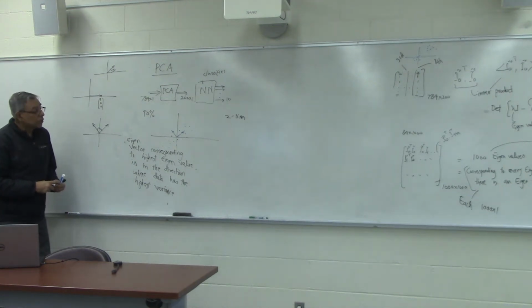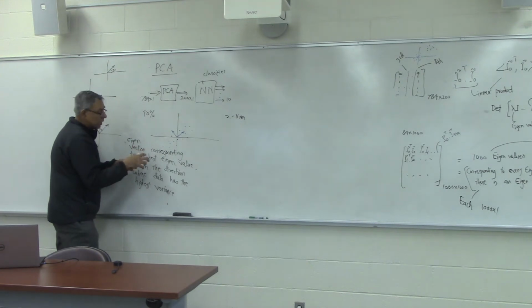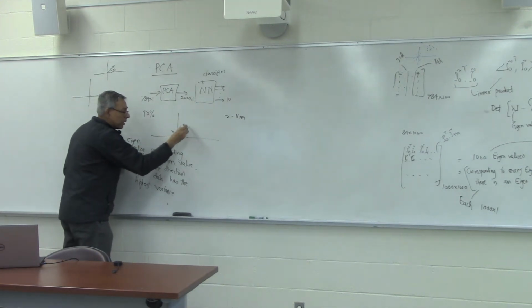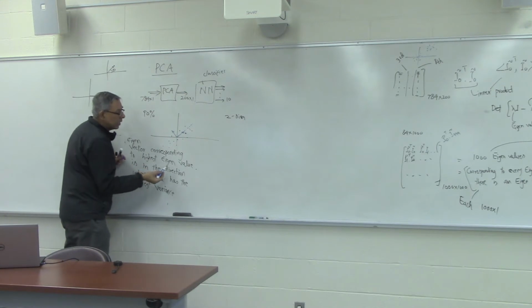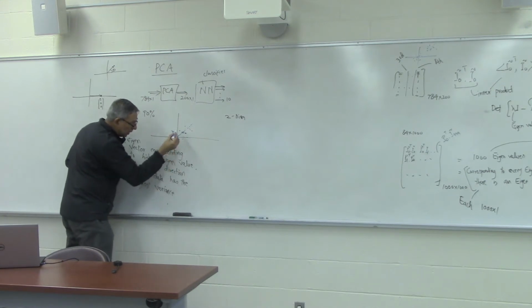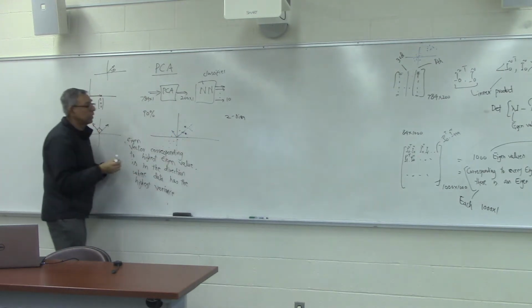Okay, so now if we project any data point, if we project this one onto this eigenvector, and this one onto this eigenvector, for example, try to see the difference between these two data points.